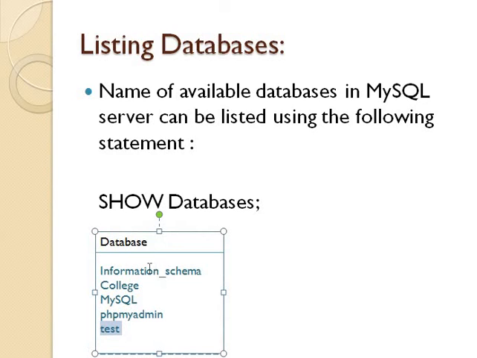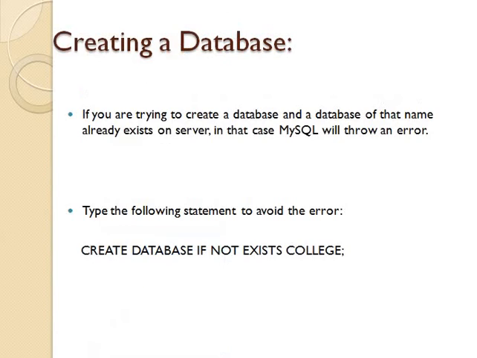So all these databases, that is information schema, MySQL, phpMyAdmin and test, were already created before we created this database called college. So this database named college has been recently added. And we used this create database if not exists command to create this database called college.